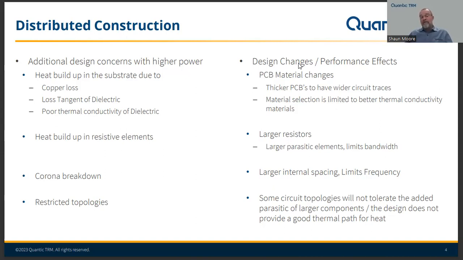A secondary benefit of going to a wider trace is that we are now increasing the surface area that heat can dissipate through the dielectric, and therefore making the heat get away from the copper a little more effectively. Also, we can start picking materials that have a little bit better thermal conductivity. So these are the sorts of trade-offs that we can make.